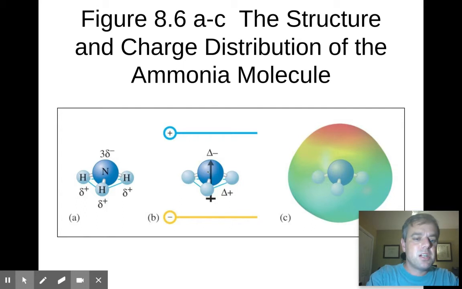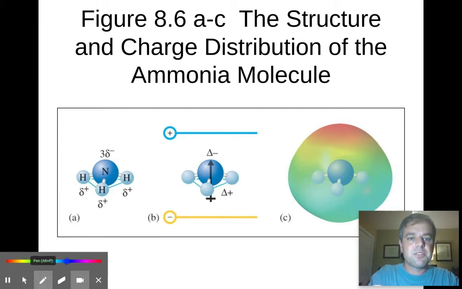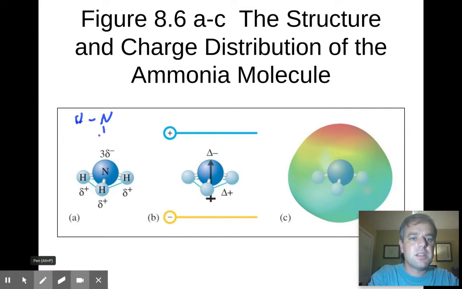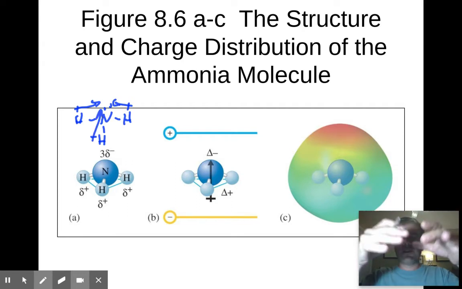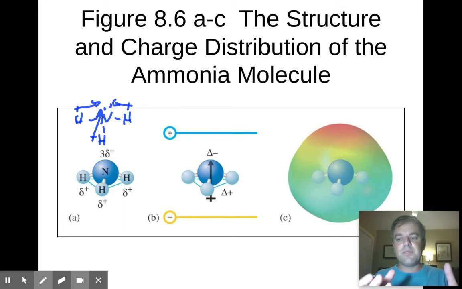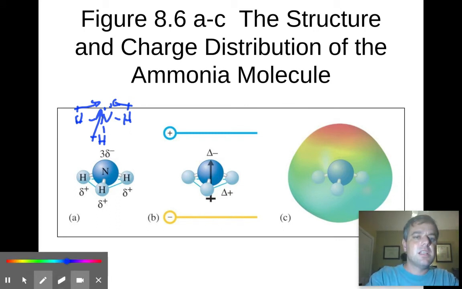If we were to draw this out as a Lewis structure with NH3, you would have that, and essentially the negative charge is on top where the nitrogen is, the positive charge is on the bottom where the hydrogens are. So there is a negative end and a positive end, making NH3 also a polar molecule.